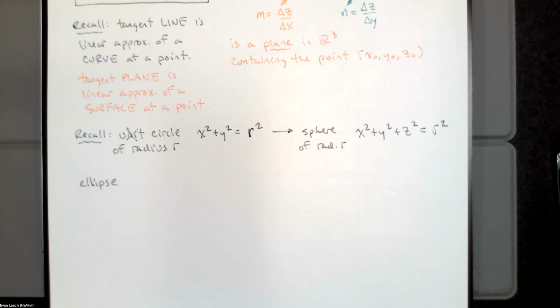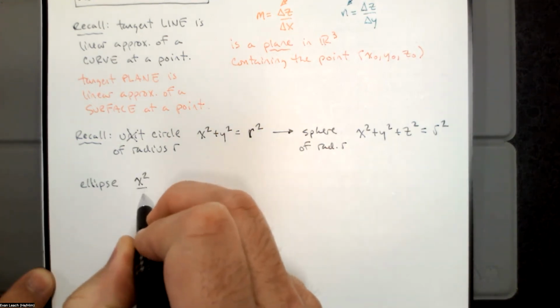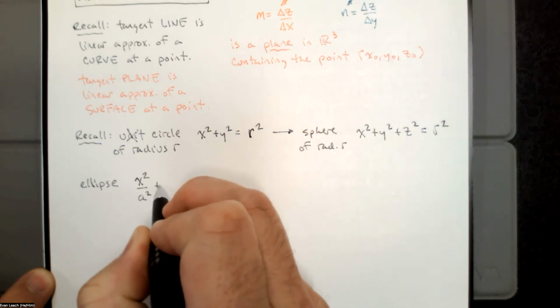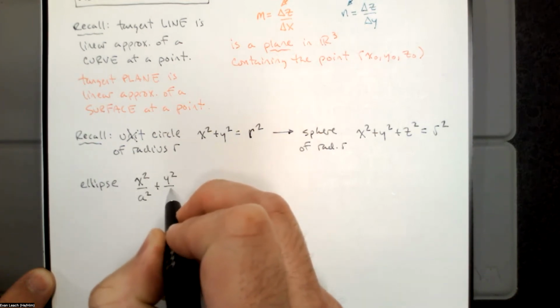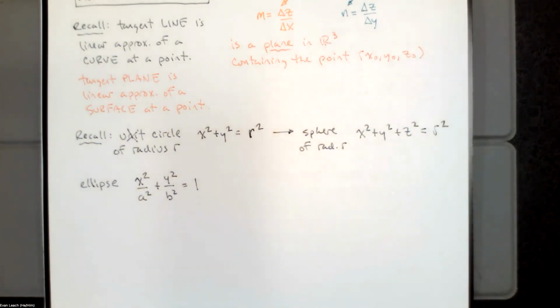Yeah, we would just have different coefficients for the x squared and the y squared. Here's the way it usually shakes out. Usually we would list the coefficients in kind of a strange way. x squared over a squared plus y squared over b squared is equal to 1. Here's our equation for an ellipse.